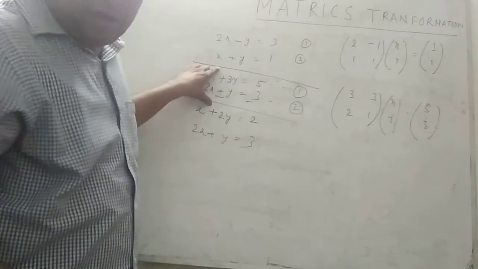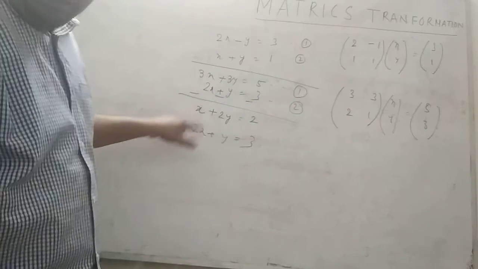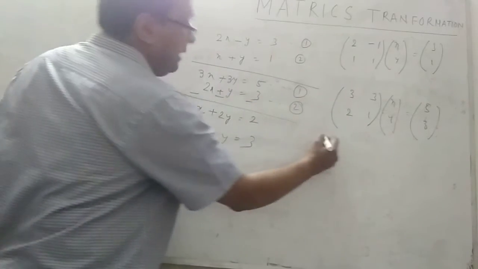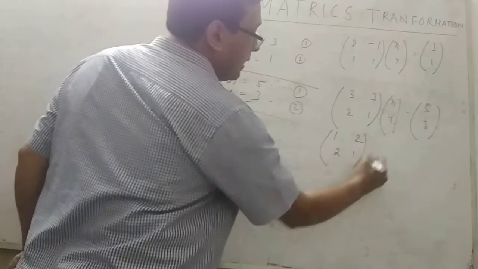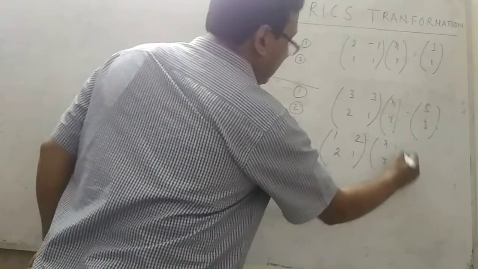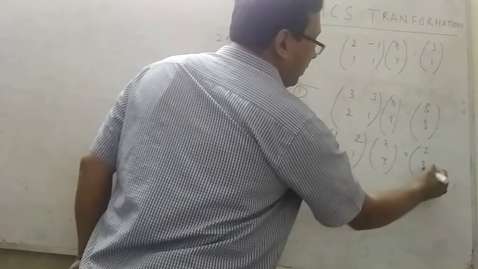After subtracting these two equations, I can write 1, 2, 2, 1, here it is x y, and here it is 2, 3.